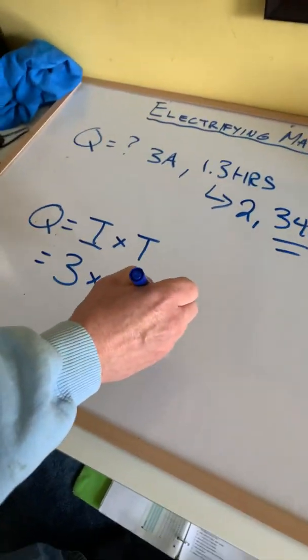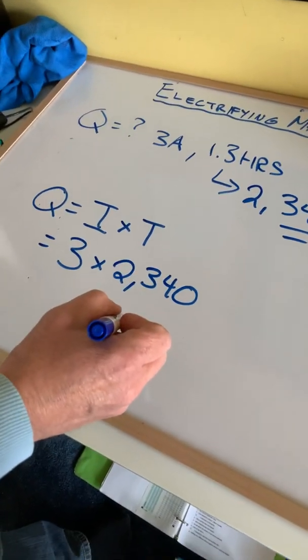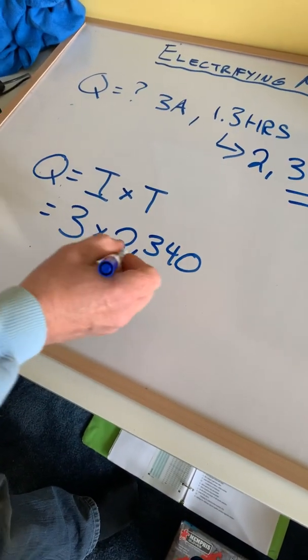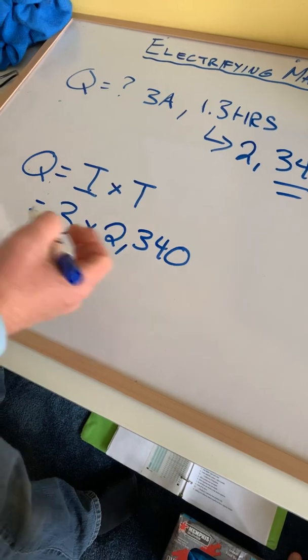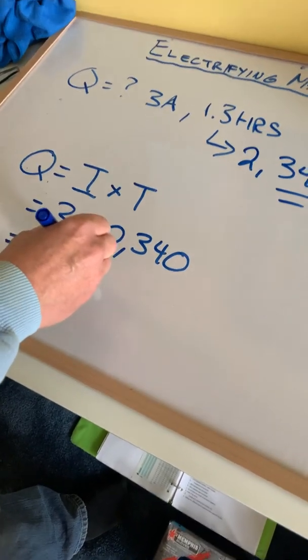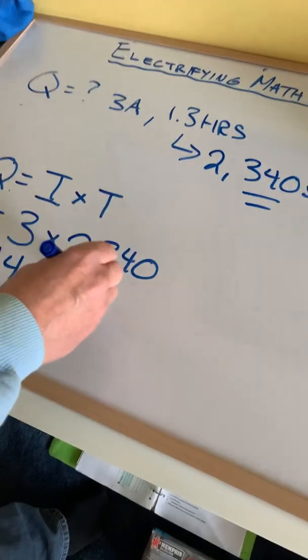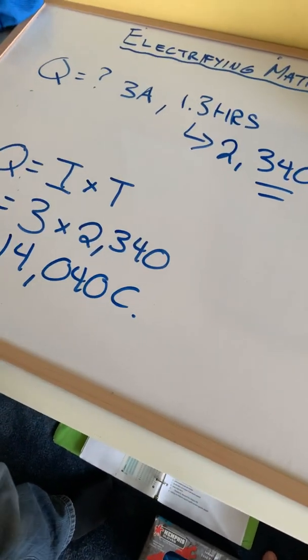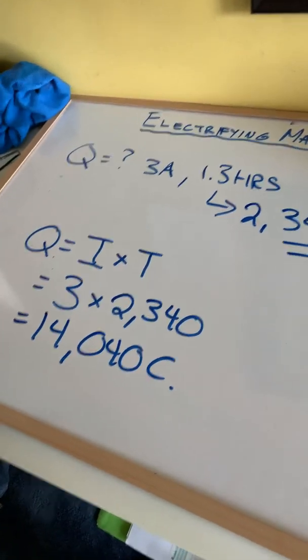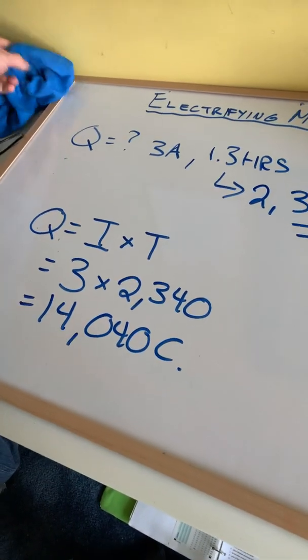In my notes here, I'm getting different numbers for time here, so that may be the wrong time. If you have a different time, you're going to have a different answer. Final answer is 14,040 coulombs.